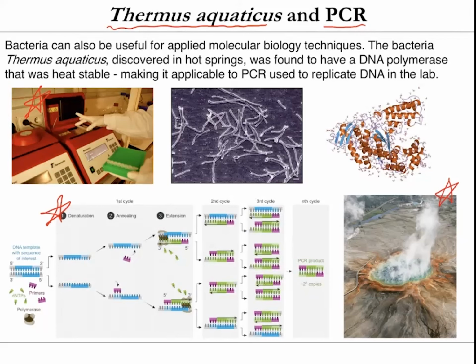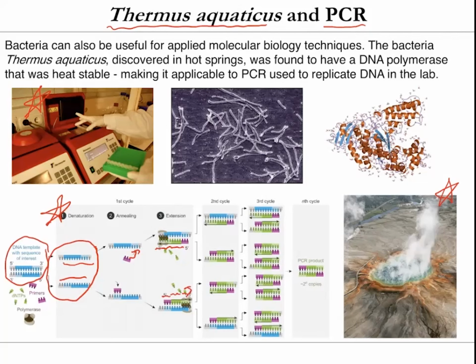Now, what's really nice about that is that for PCR to work, remember we talked about how you have a piece of DNA and then you need to separate it. In your body, you have different enzymes that are able to separate the DNA using energy from ATP. But in the lab, you just heat it up, and then you have two strands that are separated, and then you add the primer, and then you can build other strands off of that.